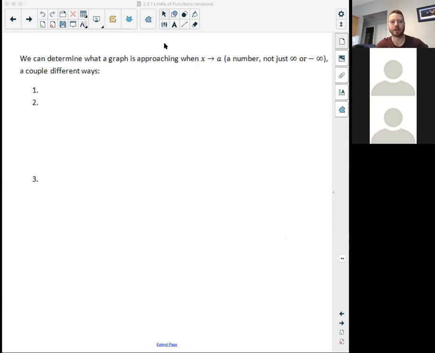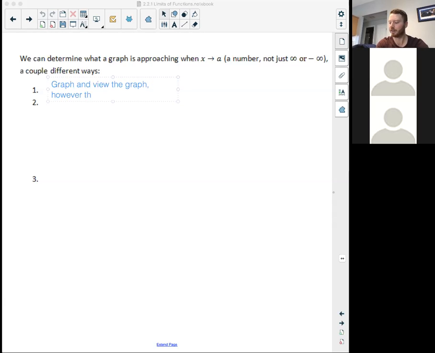Okay. So when we are looking to find the limit of a function, when in general x is approaching a, like a number, not just infinity or negative infinity, we can do this a couple different ways. Okay, so first off, we can graph and view the graph.